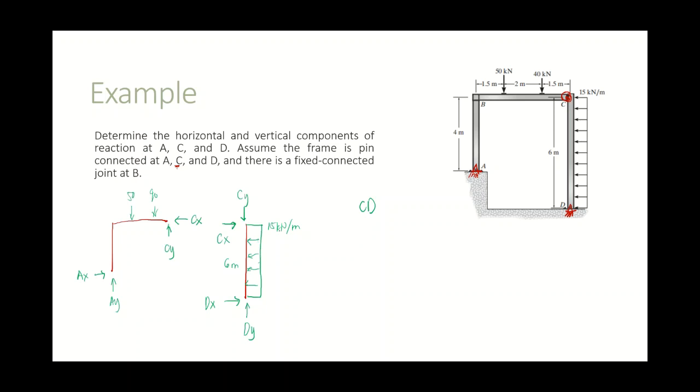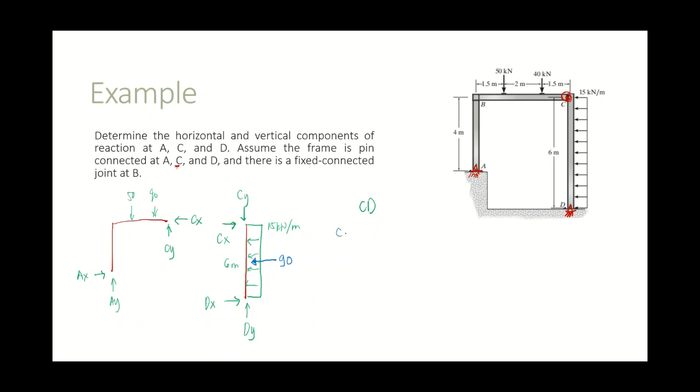So, therefore, yung uniform load natin, it will be equally divided sa reaction ng CX tsaka DX. So, you may just do 15 times 6. Magiging siyang concentrated load na siyang 90, di ba? Now, again, it will be equally divided sa CX and DX kasi symmetrical.